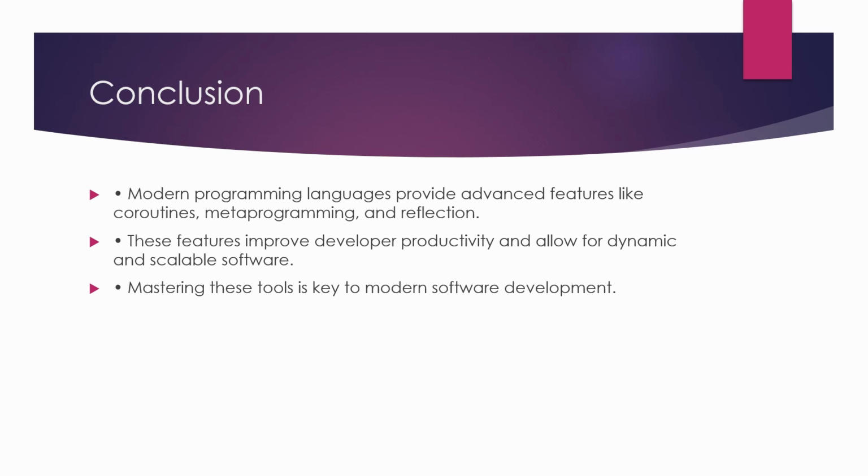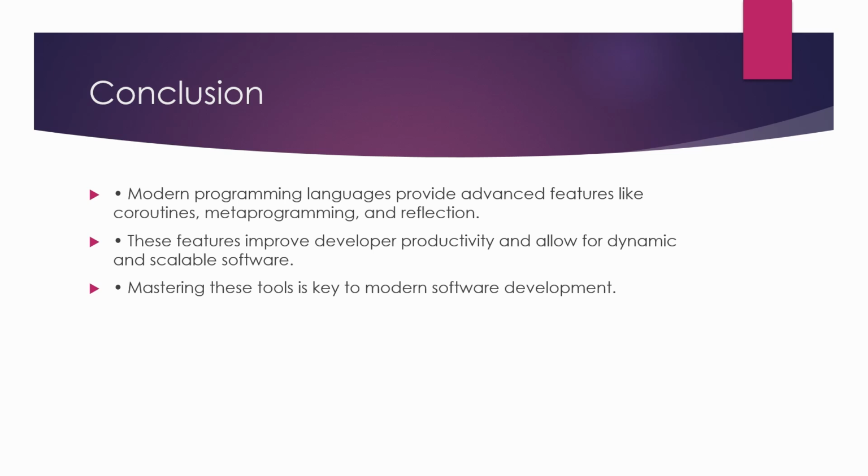In conclusion, modern programming languages provide a wide array of advanced features that can drastically improve the quality and performance of your code. From coroutines and async/await for concurrency to metaprogramming and reflection for dynamic behavior, these tools give developers a high degree of flexibility and control over their programs.